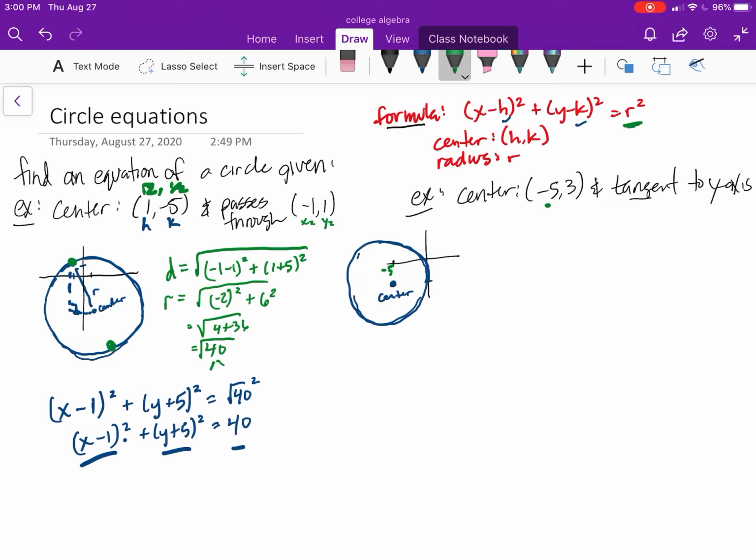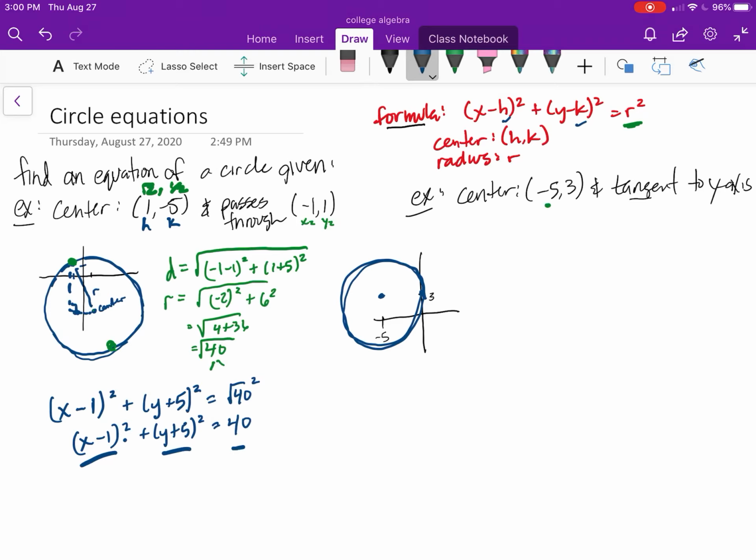We could quickly change this to a negative 3, but I'm human. I make mistakes. I failed on my graph. I'm sorry. Let me fix that really quick. Negative 5, positive 3, negative 5, positive 3. My bad. There's my center. Okay, and then it's tangent to the y-axis, so it touches there.